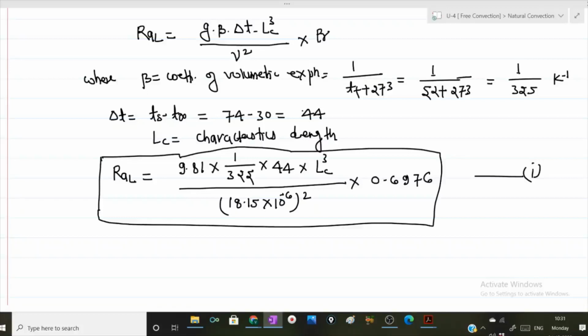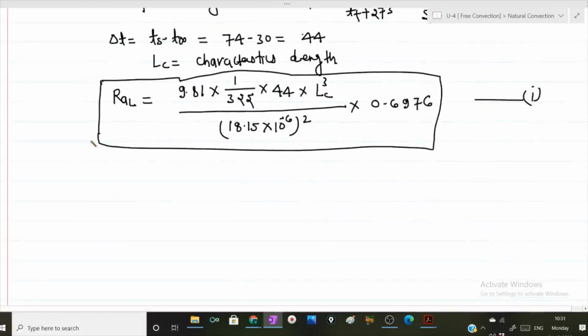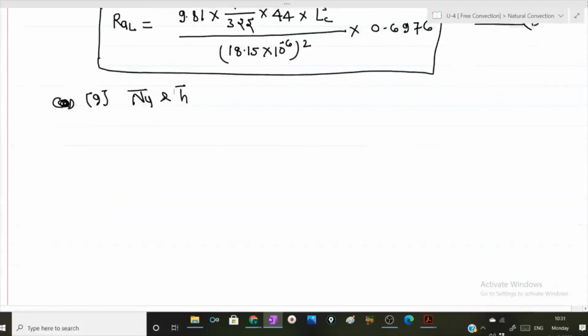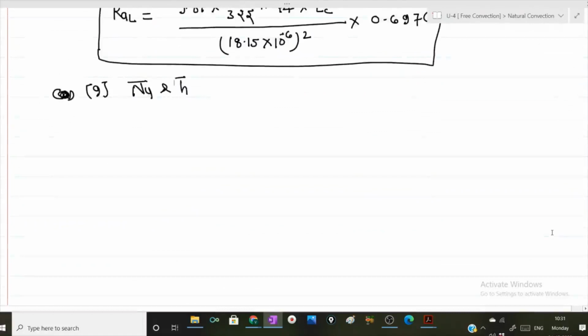That we need to calculate case by case basis. So let us consider case 1. That is step number 9, to find out average Nusselt number and average heat transfer coefficient, to be done step by step.